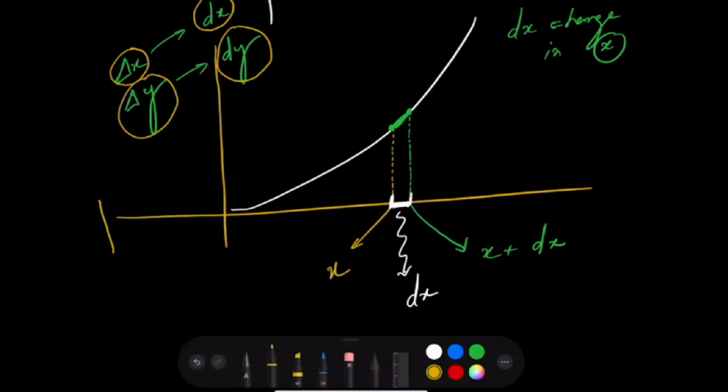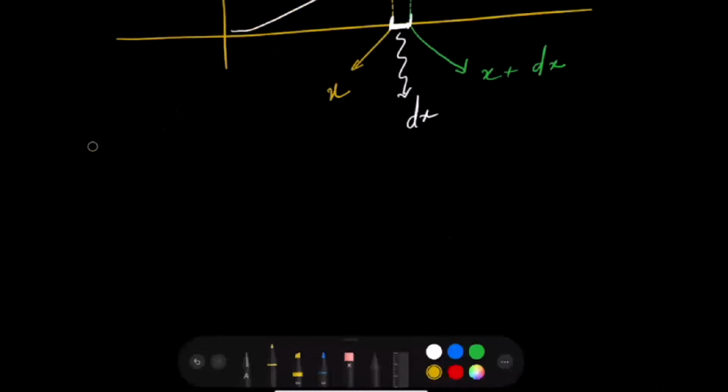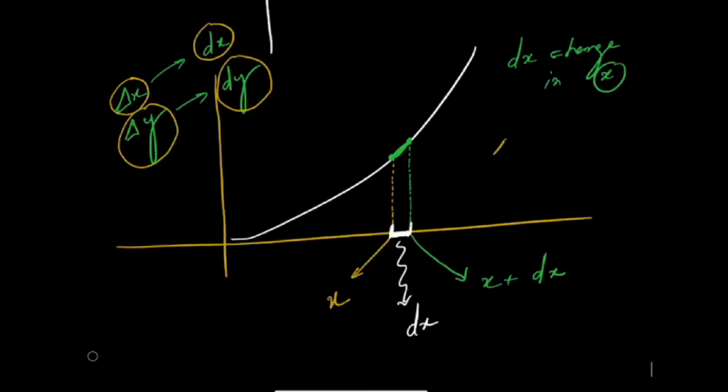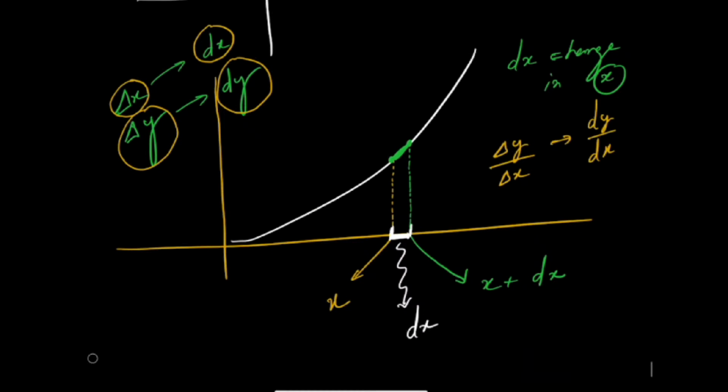The formula of slope is delta y by delta x for straight lines. But here we are not moving significantly, so it will change to dy by dx. So the value of slope is m equals delta y by delta x, which is equal to dy by dx. So the slope is dy by dx.